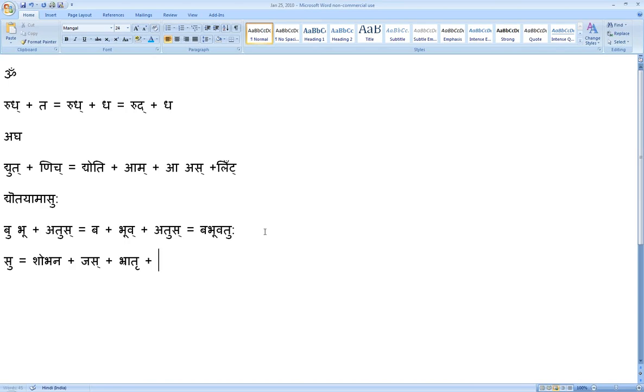This will be the vigraha vakya, and you can confirm that from Mallinatha, because he says shobhanaha. So shobhana plus jas, and bhratru plus jas, and yeshamte. When you get the vigraha vakyam from the tika, you can put the alaukika vigraha down here: shobhana plus bhratru. Of course, Su equals shobhana.